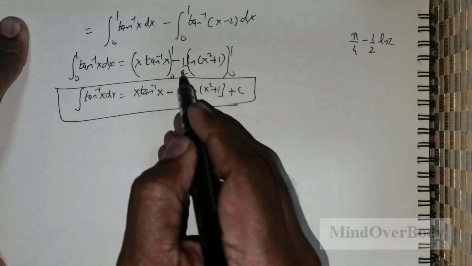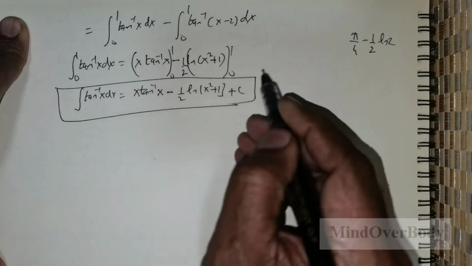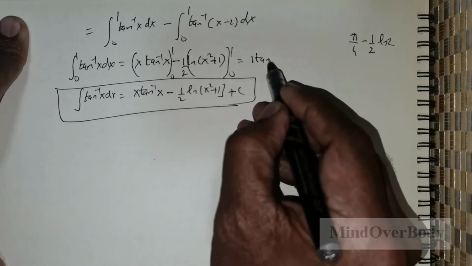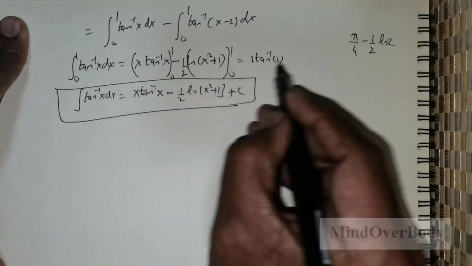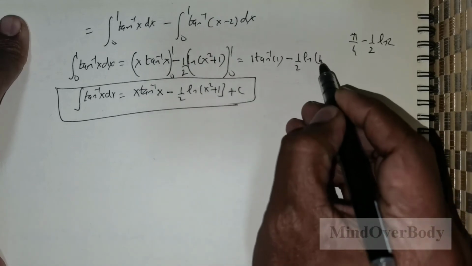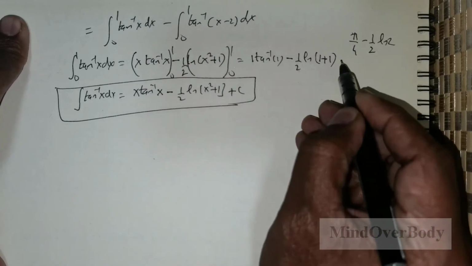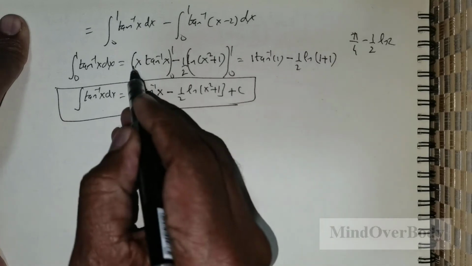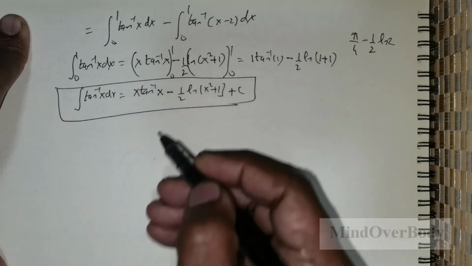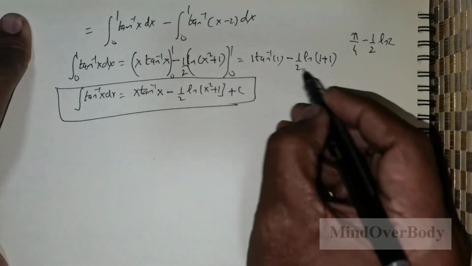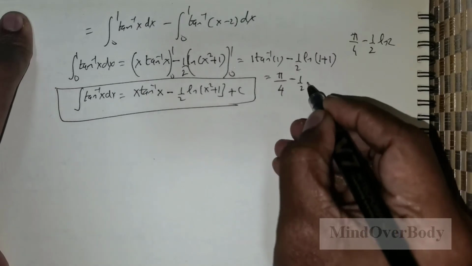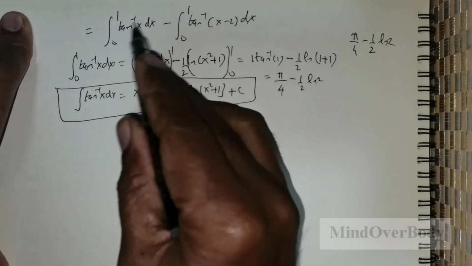Now when we place the limits 0 to 1, for the first part, you get 1 times tan inverse of 1 and then minus 1 over 2 times ln of 1 squared plus 1. And whenever you place the lower limit, this would become 0 and this would become ln of 1, so that doesn't matter, it's also going to be 0. So what we have got would be pi over 4 minus 1 over 2 times ln 2. So this is what you've got for the first part.